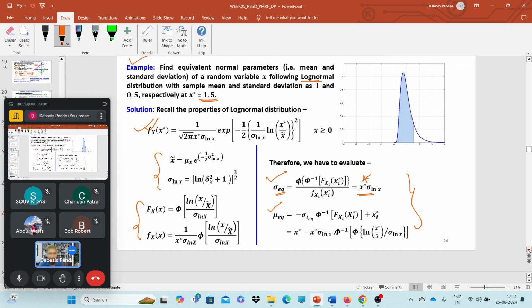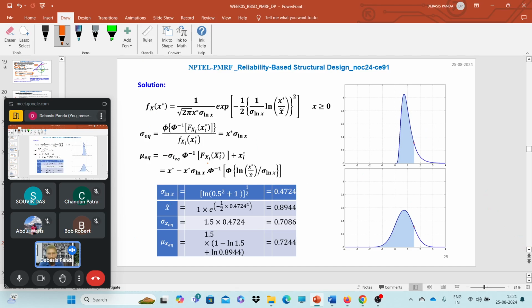Putting in the numerical values, we have seen the sigma ln x and x bar for the log normal distribution, and for the equivalent normalization we get these two values.